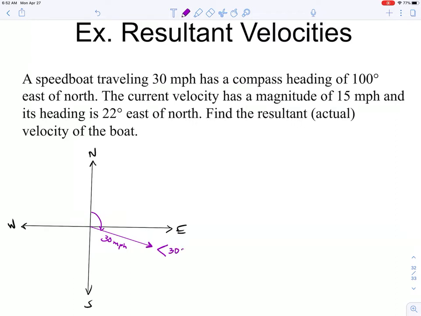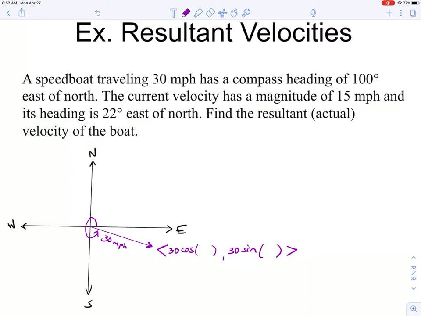Well, we're going to want to represent this vector in component form. So this vector is going to have a magnitude of 30, but I need the direction angle in standard position so that I can represent the horizontal and vertical components of this vector. Okay, so let's think about this. 100 degrees east of north, that angle right there would have to be 100 degrees, meaning this angle right here would be negative 10 degrees.